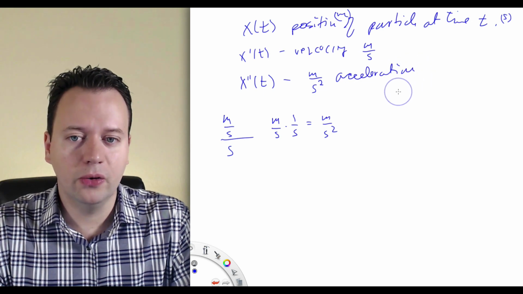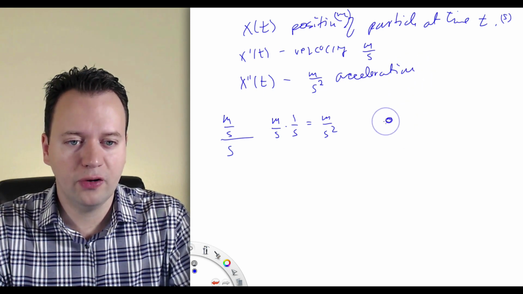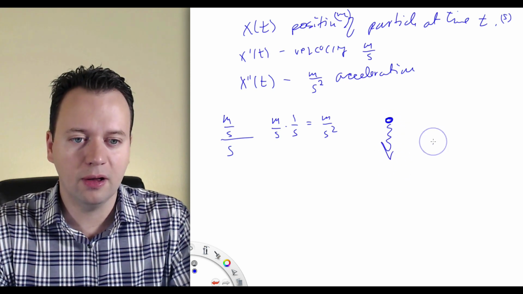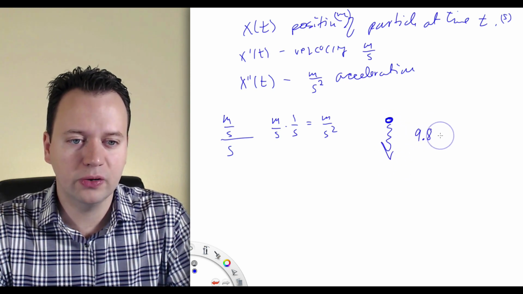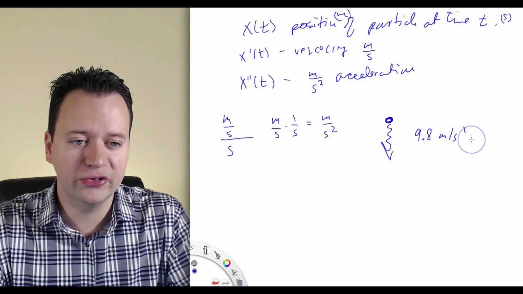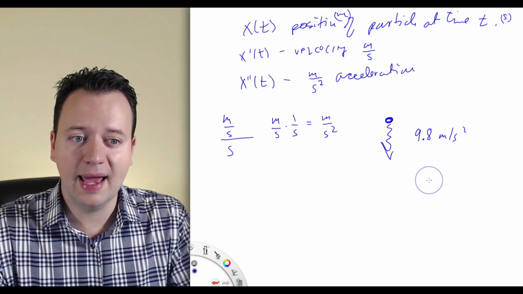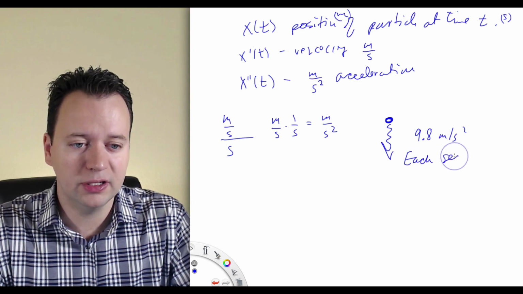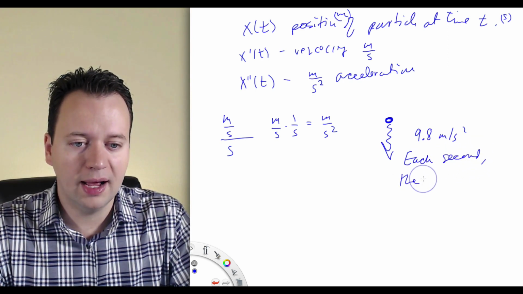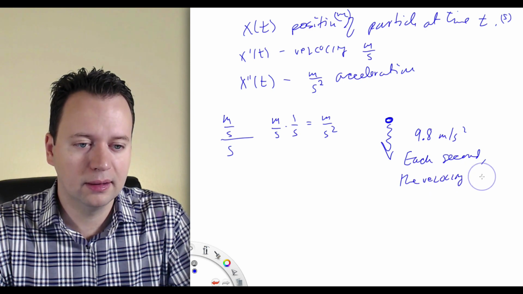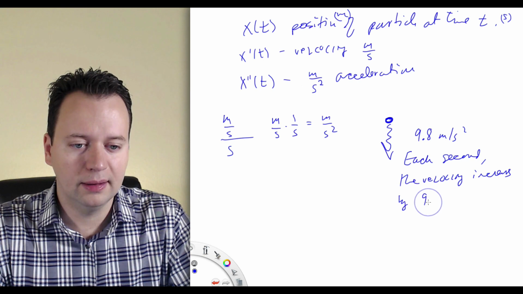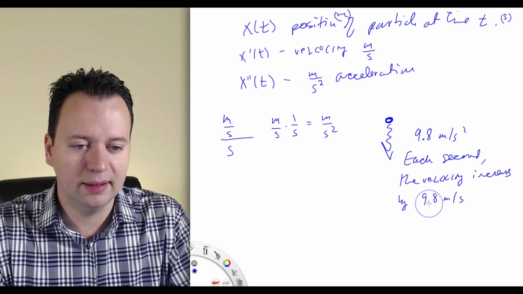For example, in free fall, if you drop a brick and it falls, we say that gravitational acceleration is 9.8 meters per second squared. What that means is that every second, and it's actually a constant acceleration, the velocity increases by 9.8 meters per second.